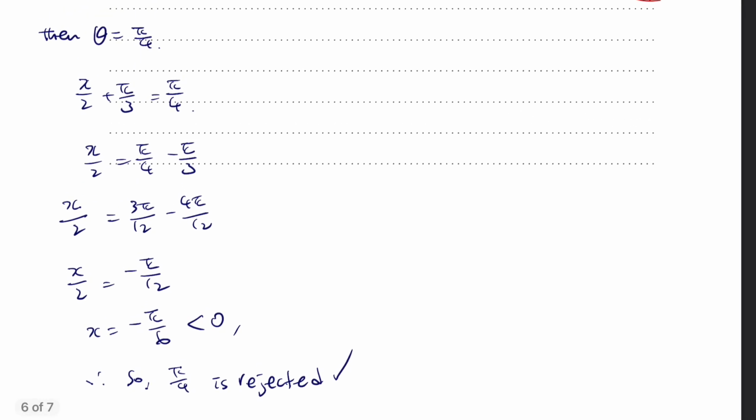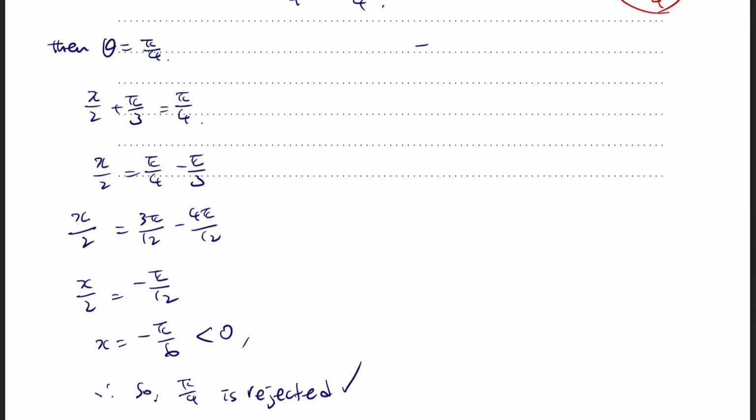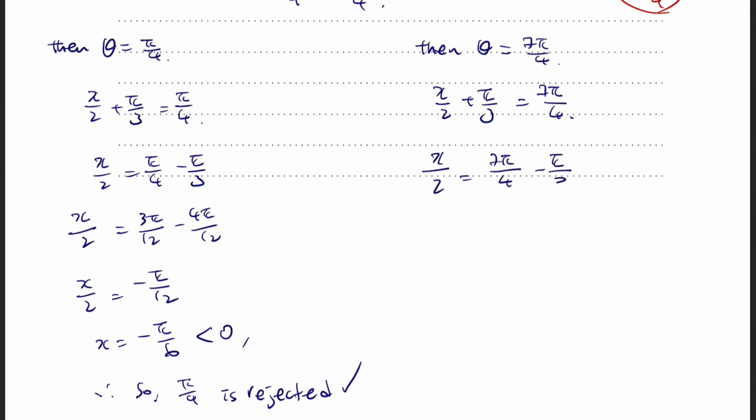Then let's talk about the other case, when theta is equal to 7 pi over 4. In that case, x over 2 plus pi over 3 is equal to theta, which is 7 pi over 4. Then we can solve for x: x over 2 is equal to 7 pi over 4 minus pi over 3, which is 21 pi over 12 minus 4 pi over 12.